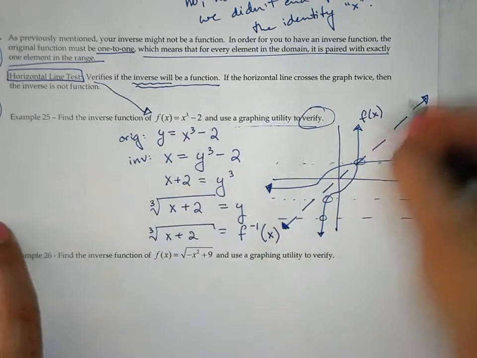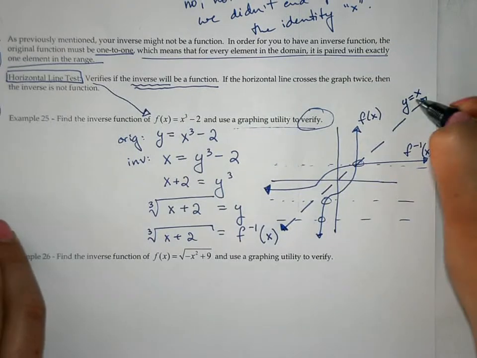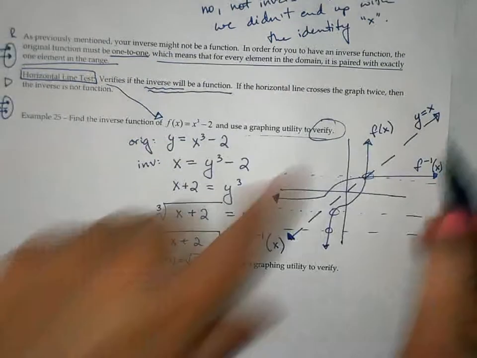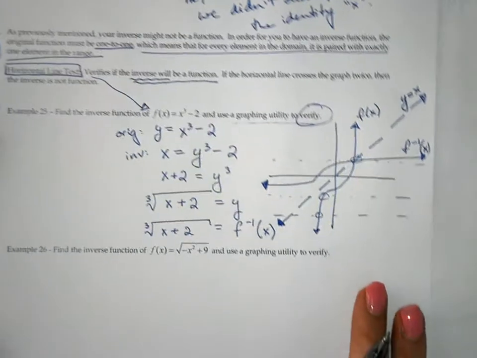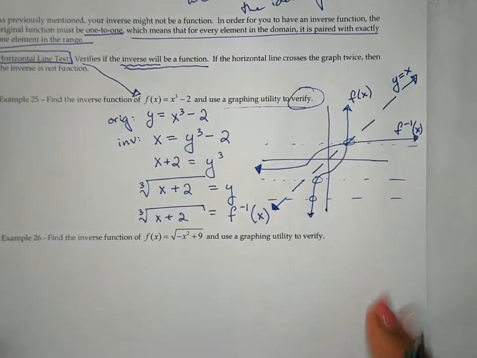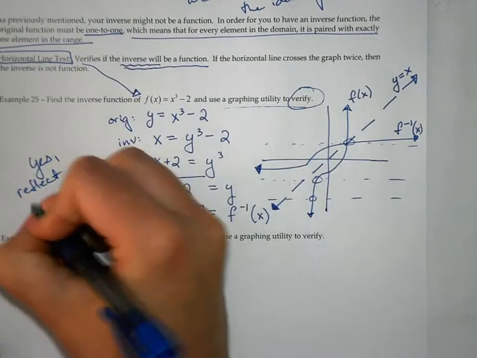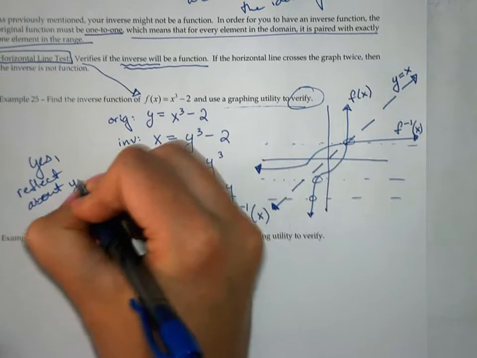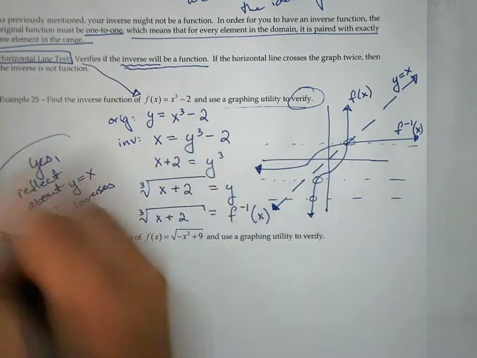Because that means that y and x have switched. And that's the idea of an inverse. Y and x switch. So if y and x are the reflection for these two functions, then they are inverses. So yes, these two are. Yes. Reflect about y equals x, therefore inverses.